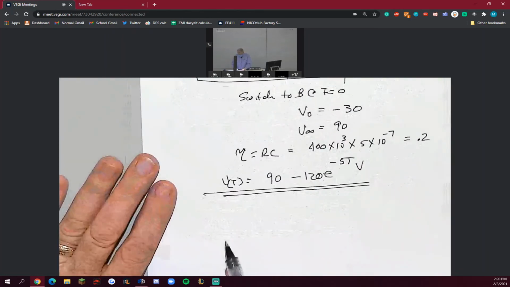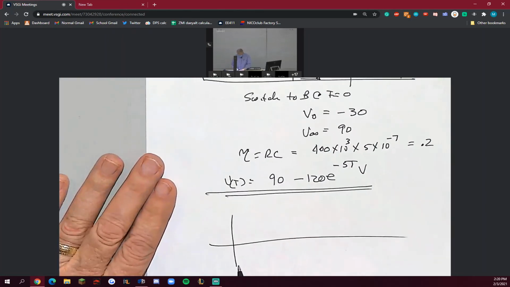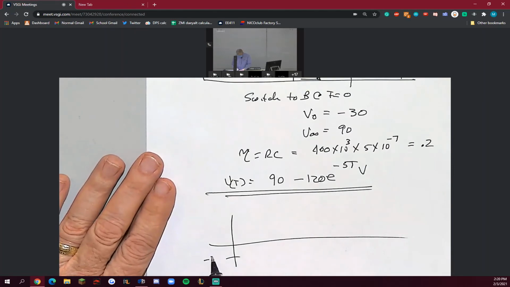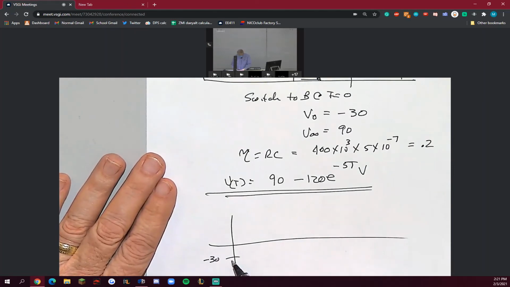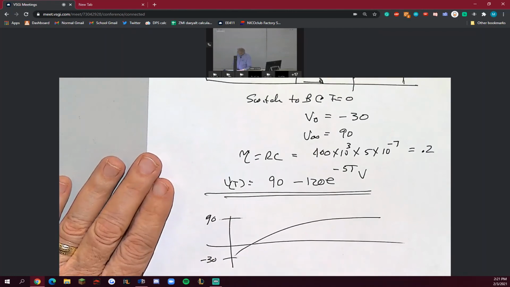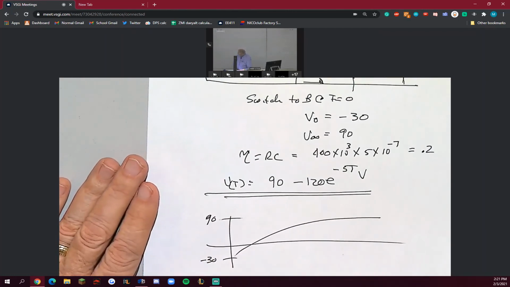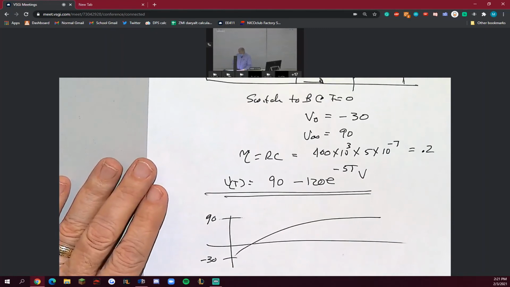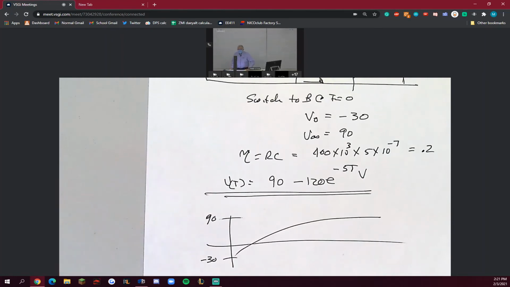So what it means is we could look at the waveform. It starts out at minus 30, goes up and settles into 90. Okay?